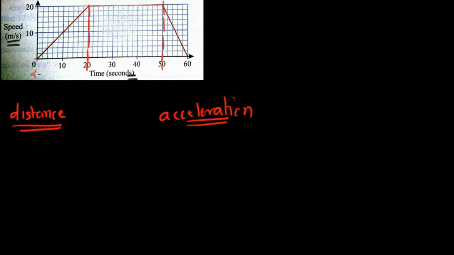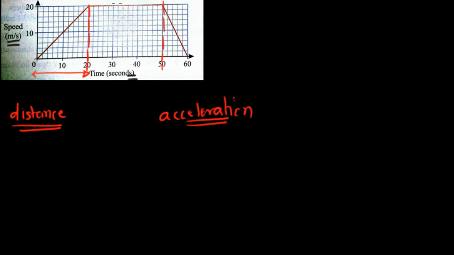From time 0 to 20 seconds, the speed time graph goes up in a straight line. So I would say that it's an accelerated motion. There is an acceleration here, because it's a slanted line. From 20 to 50 seconds, I see that it's a horizontal line.